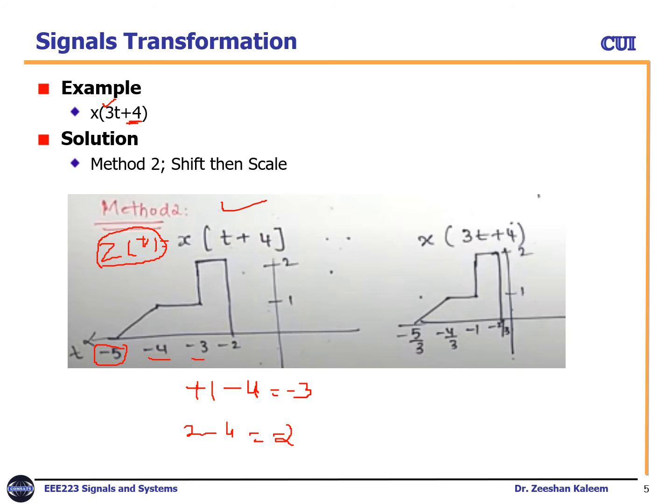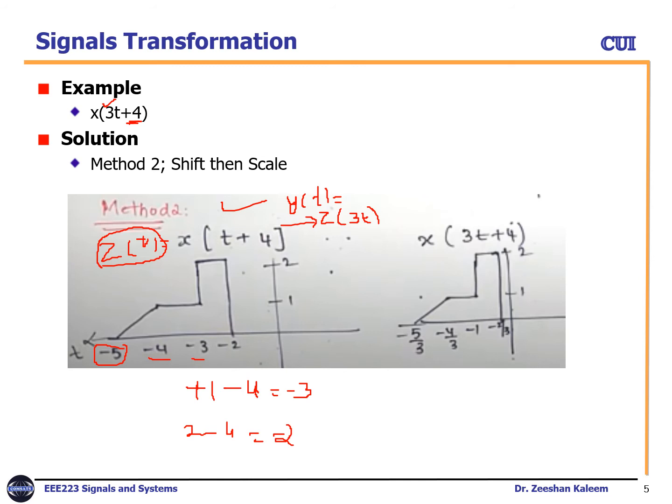So we have z of 3t. We have to obtain z of 3t from this signal. So for example, we name it y of t. So y of t equals z of 3t, right?